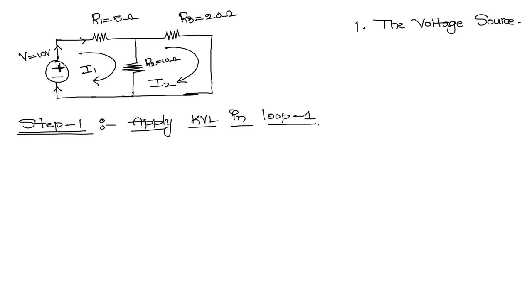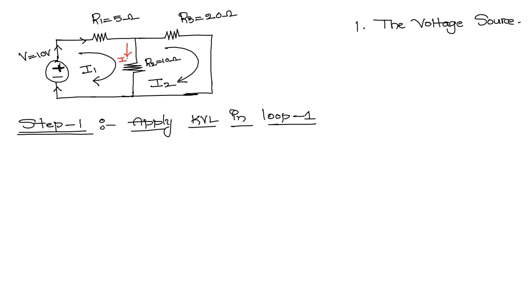When we apply KVL in the loop, first we need to identify which current is flowing through R2 in the upward direction and which current is flowing through R2 in the downward direction. I1 is flowing in the clockwise direction, and I2 is also flowing in the clockwise direction, but when writing the KVL expression for loop number 1, you have to observe this.